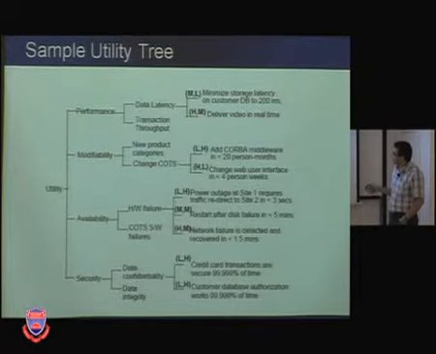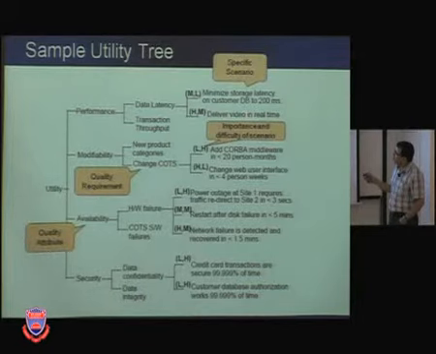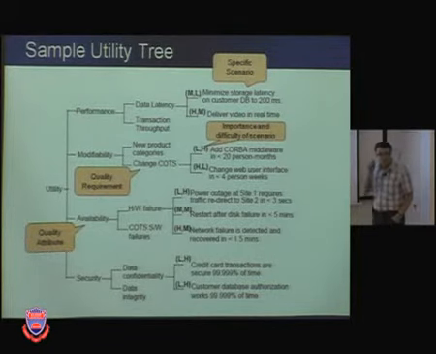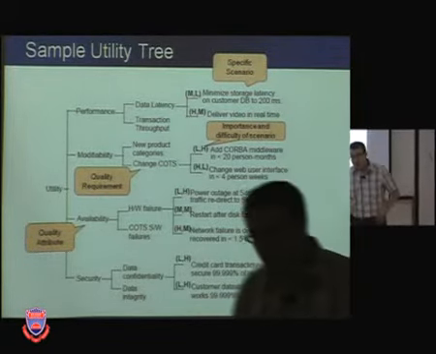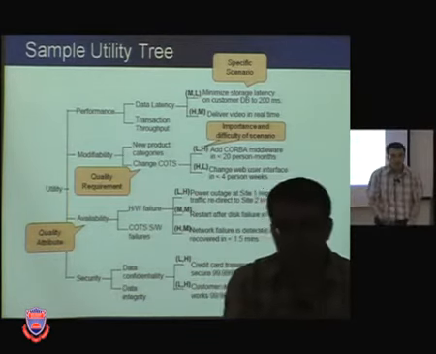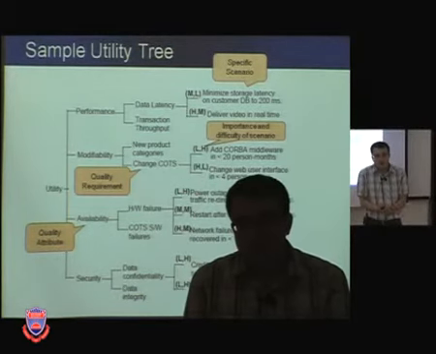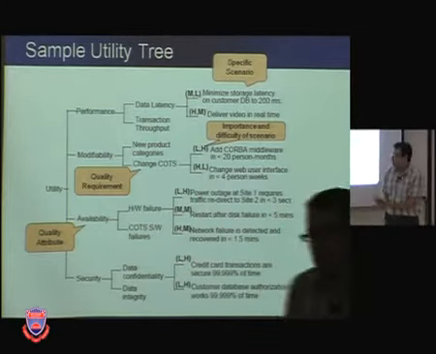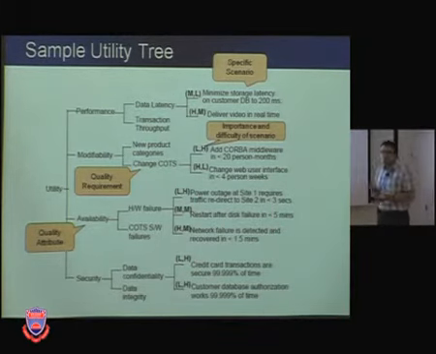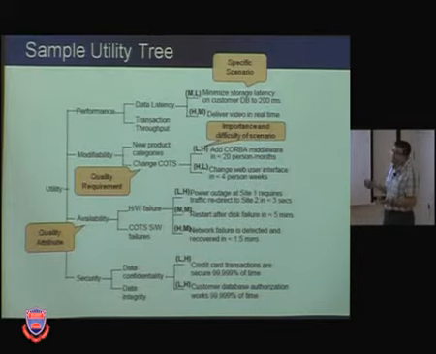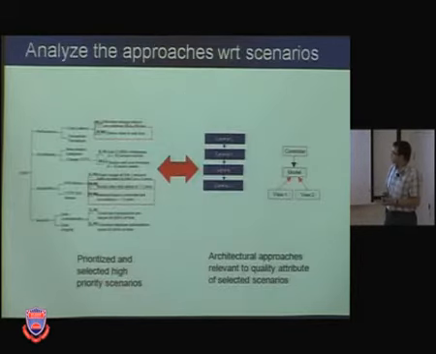The key in this case is what they define as sample utility trees. Based on the quality concerns, they derive specific scenarios. In SAAM it was more like asking the stakeholders to provide their scenarios. Here the idea is to start from the quality concerns and define the scenarios based on them.